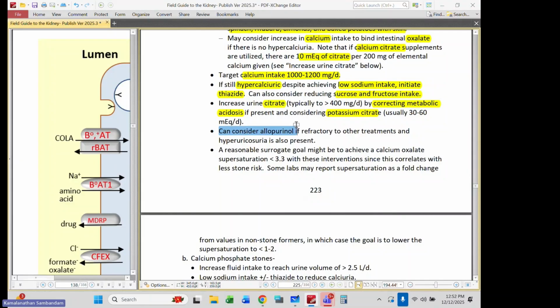And I can consider allopurinol. Here we are in sort of fourth and fifth tier interventions. If other treatments for calcareous stones are failing and I'm hyperuricosuric, we've mentioned the fact that uric acid can predispose to kidney stones by a number of proposed mechanisms, one of which is what we call salting out.